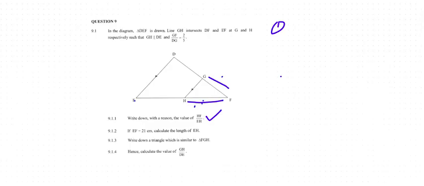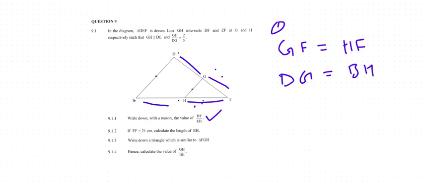GF equals HF and DG equals EH. So I can write HF by EH equals GF by GD, which equals 2 by 5.